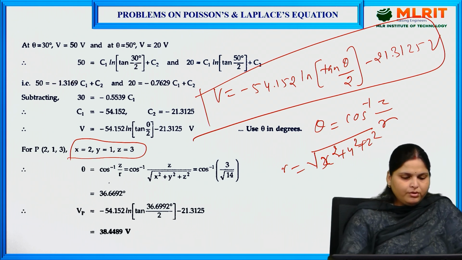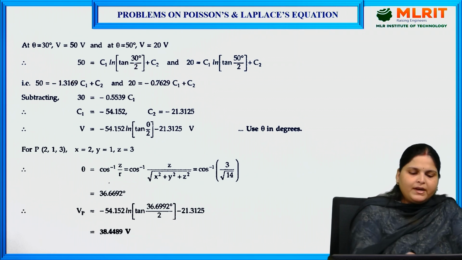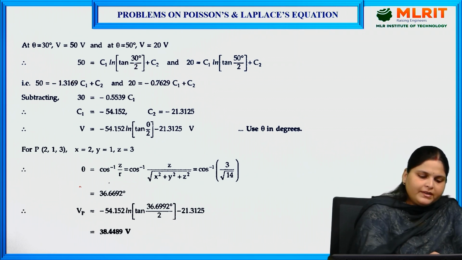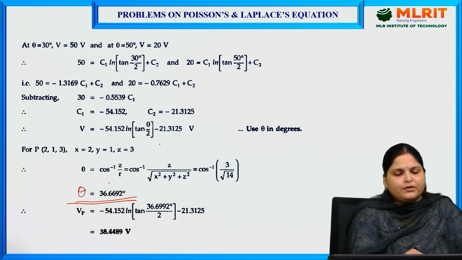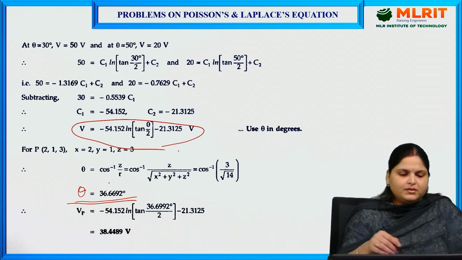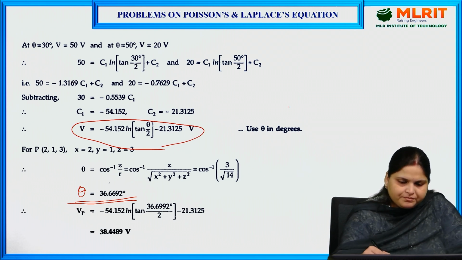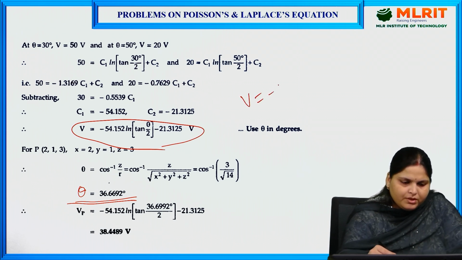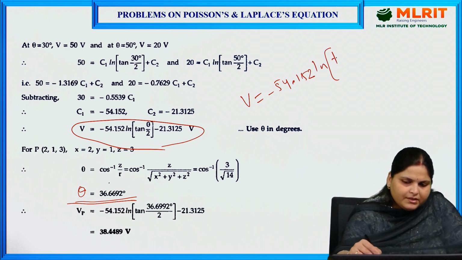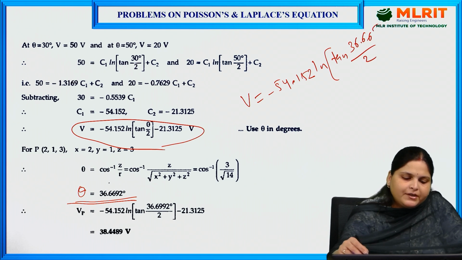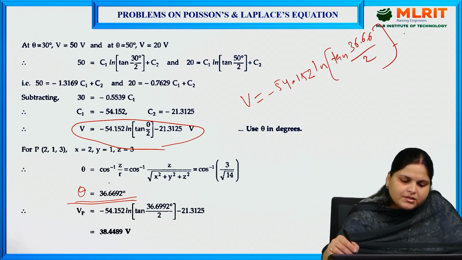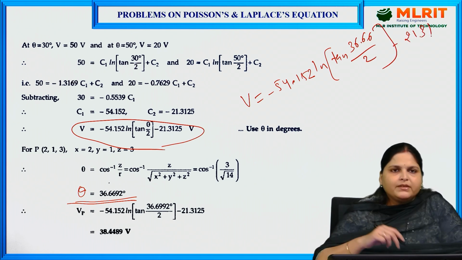That is how we can calculate r, theta and z. Right? So when we calculate and put into this formula, we get theta is equals to 36.6692, and again we can put that into this formula and we will get V is equals to minus 54.152 ln of the angle which we have got, 36.66 degree, divided by 2, minus 21.3125.